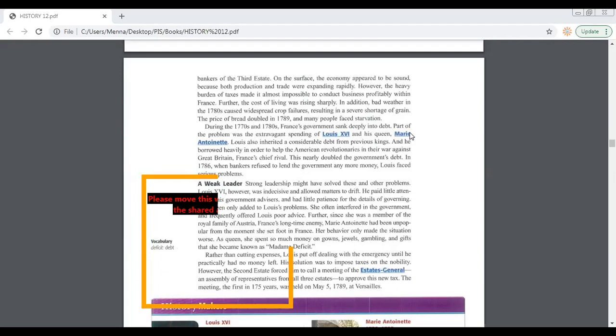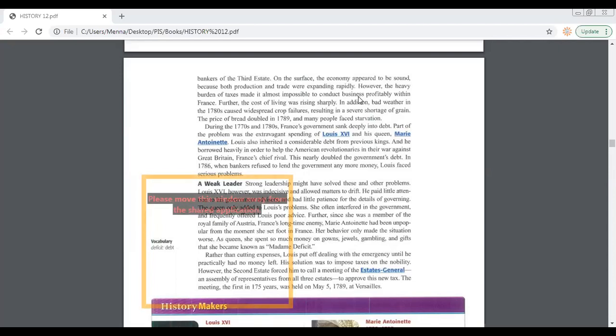Okay, so Louis, since we were talking that he was the monarch or the ruler of France, he was the opposite of everything that you said. All the characteristics of a good leader, Louis was the total opposite. Louis was indecisive.